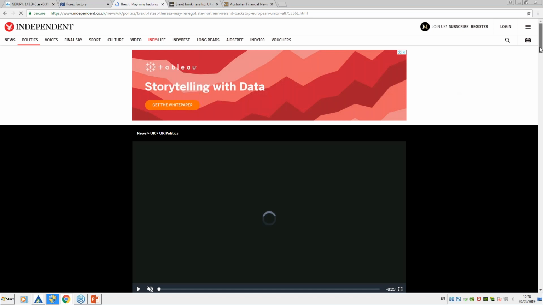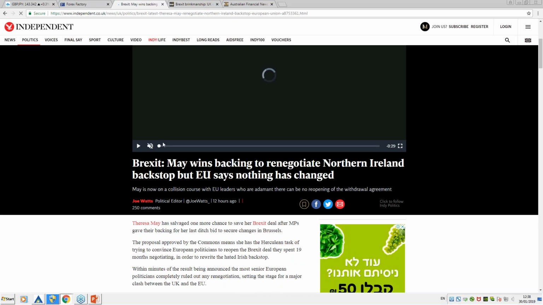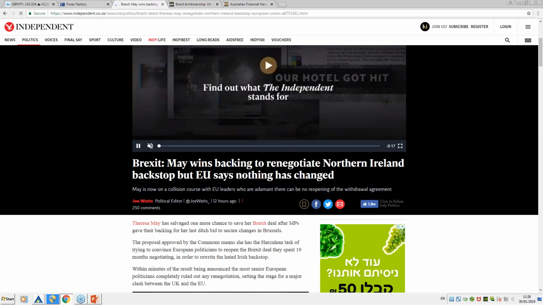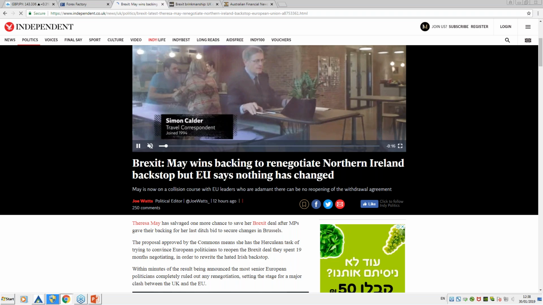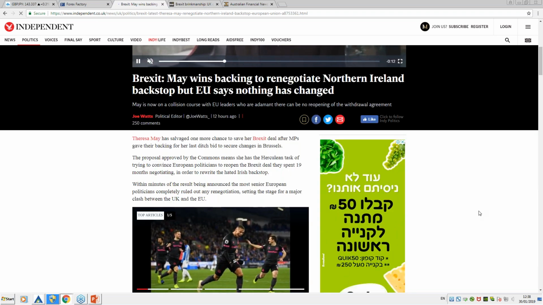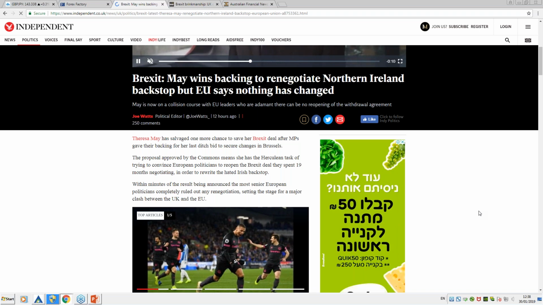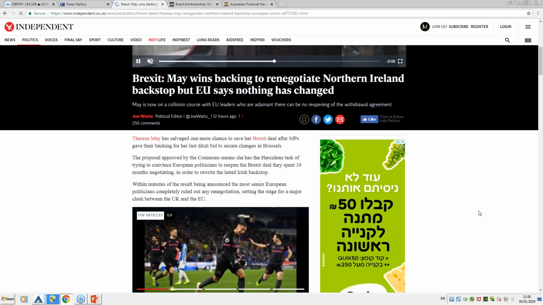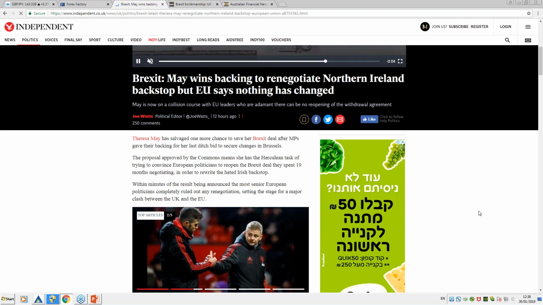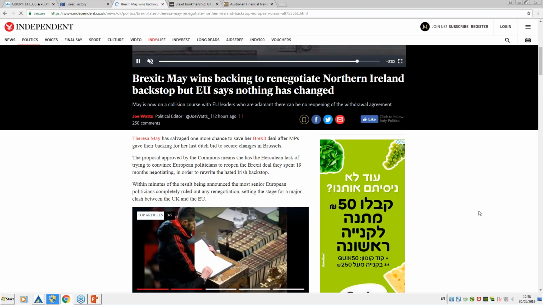Okay, so the UK is saying, yeah, we'd like to be able to renegotiate that, but what did the EU say about that? They say nothing has changed, meaning the EU says they don't want to renegotiate this backstop idea with Northern Ireland. And that's kind of a big deal, because one side is saying, yeah, we want to renegotiate it, and the other side is saying no.